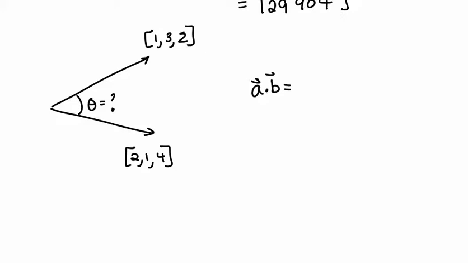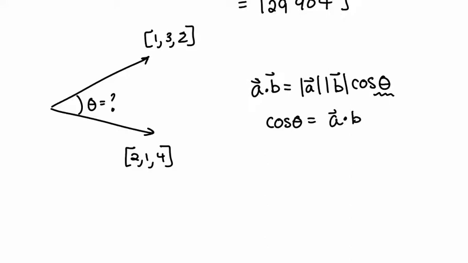So A dot B is equal to the magnitude of A times the magnitude of B times cos theta. If we're looking for the angle between two vectors, we isolate cos theta, and then I can just do inverse cos to solve for that.